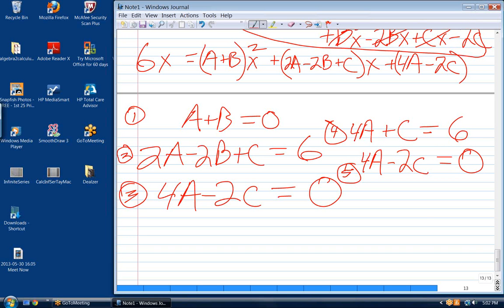Now, if I subtract equation 5 from equation 4, I eliminate the a's, and I get c minus minus 2c, which is 3c equals 6, c equals 2. If c equals 2, then a equals 1, substituting in for there. And if a equals 1, b must be minus 1.